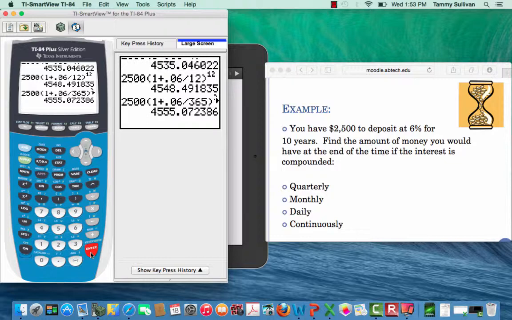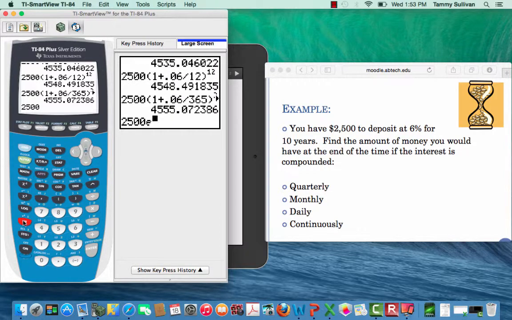So now we've got to do the continuous. So on the continuous, it was the beginning amount, and then it was your e raised to the, and then it was how many years times the rate. So it's going to be in the bank for 10 years times my rate of 6% as a decimal.